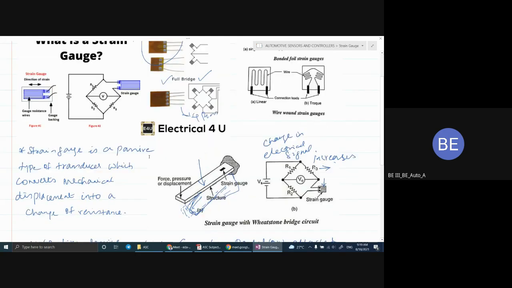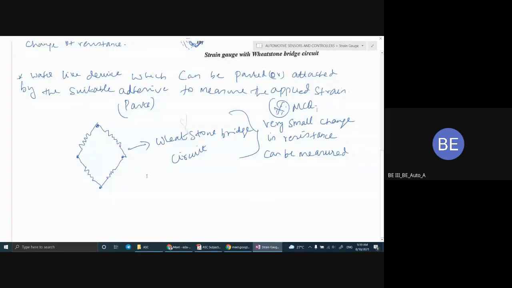Also, we are going to introduce another term called gauge factor. This factor is very important.